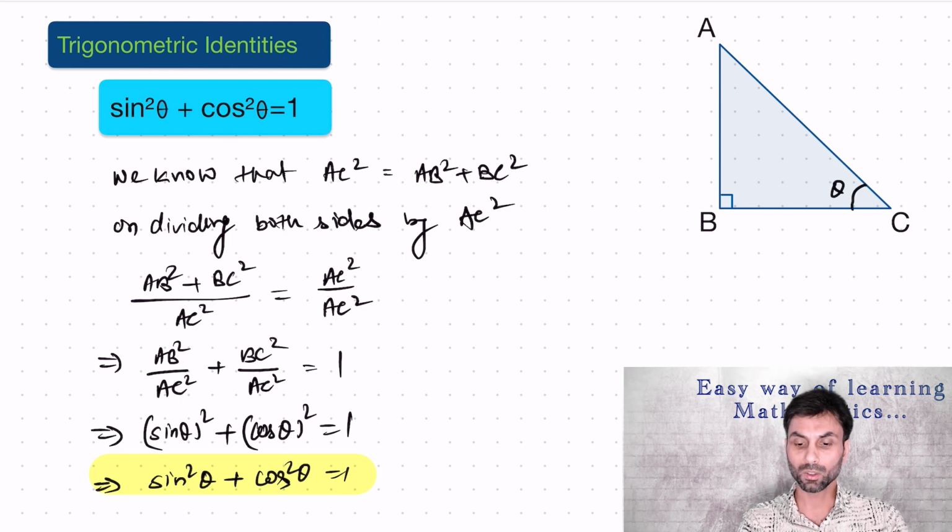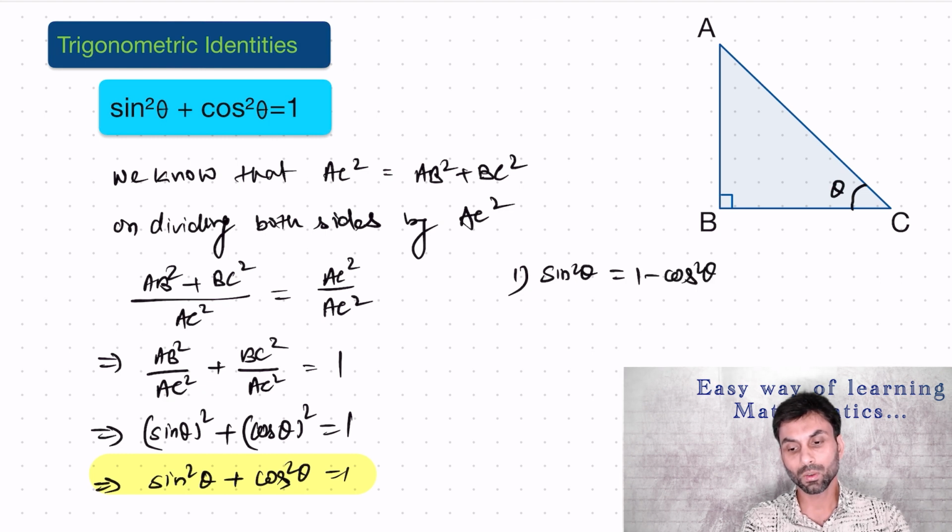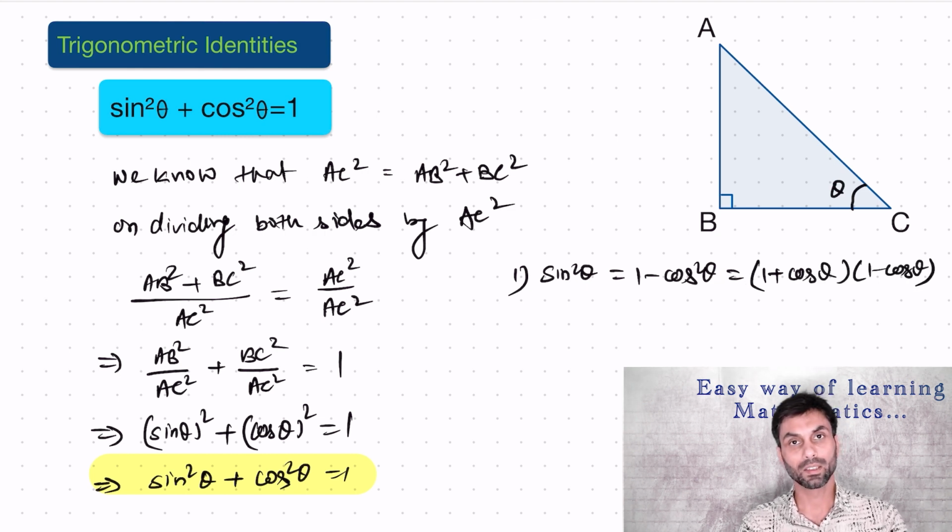So for that case, what we need to remember is that sine square theta, we can write as 1 minus cos square theta, which also can be written as 1 plus cos theta into 1 minus cos theta. It will help us when we have to cancel between the numerator and denominator. So it is very important for us to understand how we can write in the factor form.